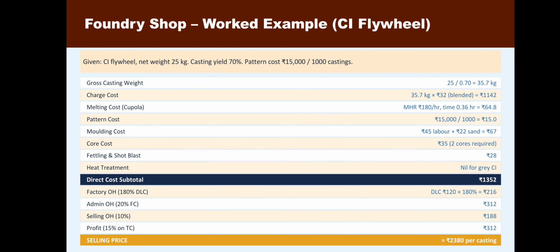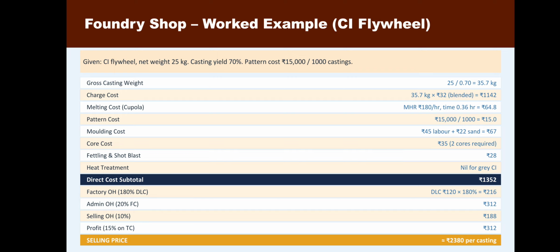Also a worked example: the CA flywheel is the worked example. We can see the cost sheet. Given: CA flywheel, net weight 25 kg, casting yield 70%, pattern cost 15,000 per 1000 castings. We can find the different values by using the equations present in the foundry shop. Finally, we can find the selling price.